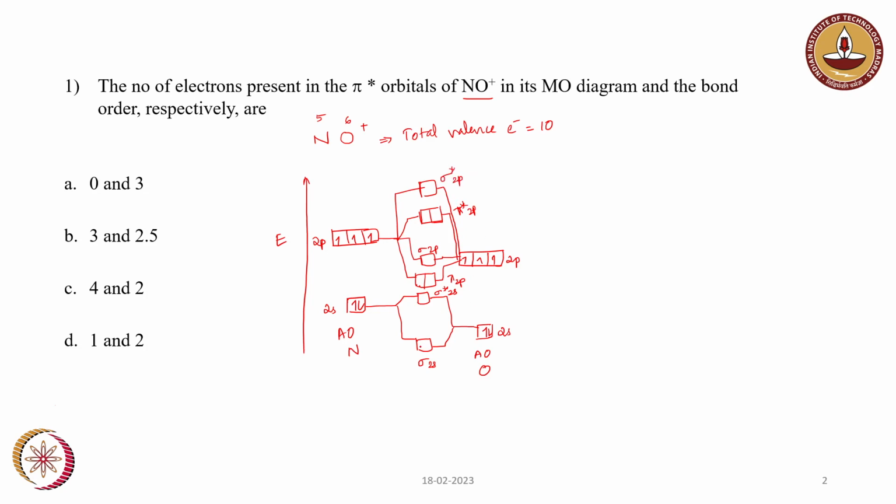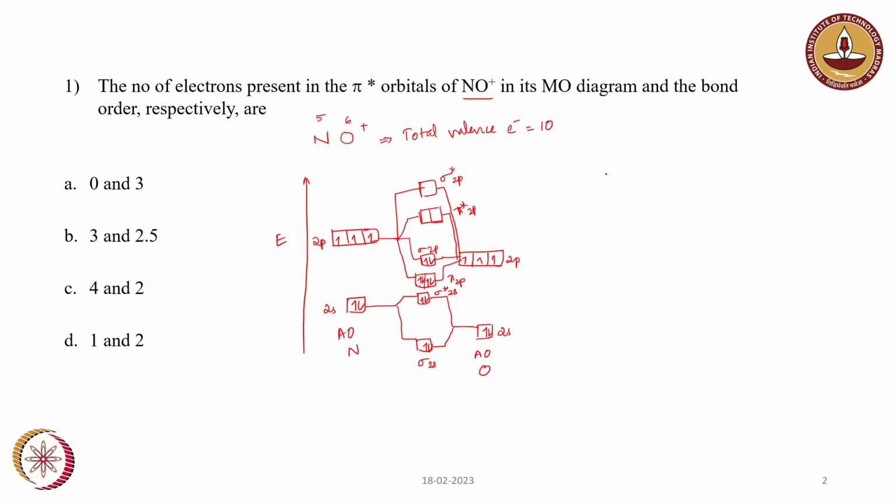So sigma 2s and sigma star 2s, there will be 2 electrons each, and there are a total of 6 electrons here. So it will be filled in pi 2p and sigma 2p.